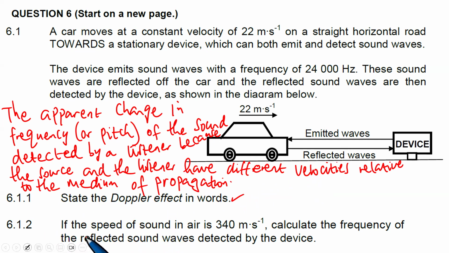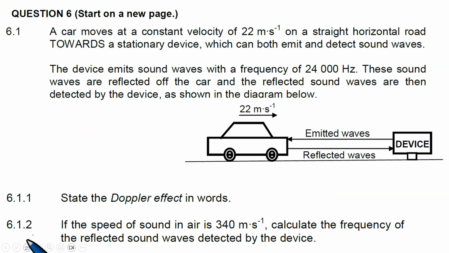Now, in 6.1.2, we perform a calculation. So we're saying if the speed of sound in air is 340 meters per second, calculate the frequency of the reflected sound waves detected by the device.